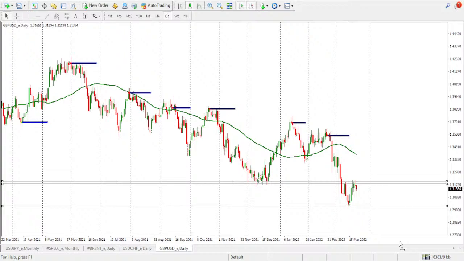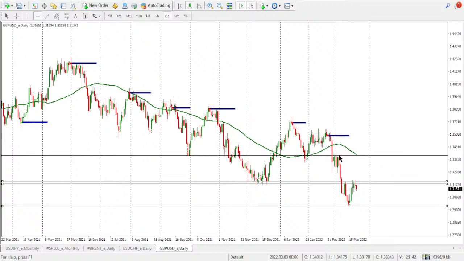On the other side, if the price breaks above these two lines which I've drawn, then I do expect price to extend much higher, at least up to this point here. So as it is now, we are sellers down to this point, but if the price breaks above this level, then we do expect it to continue upwards, at least up to this line, which is 1.34202.